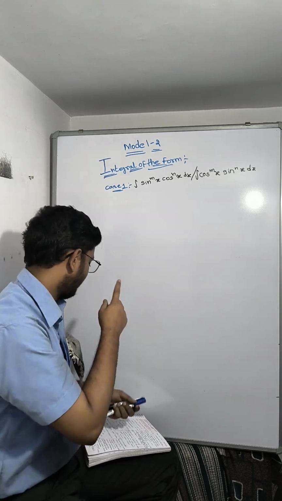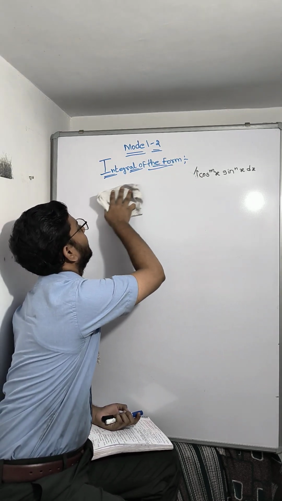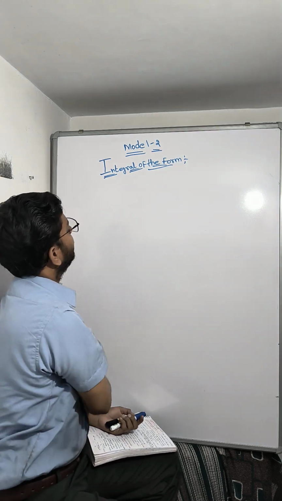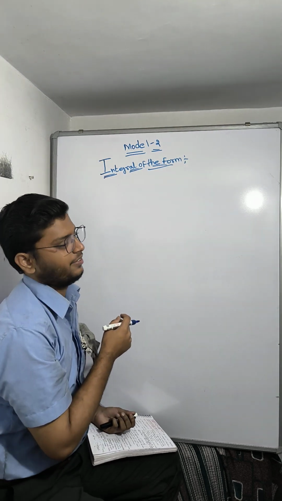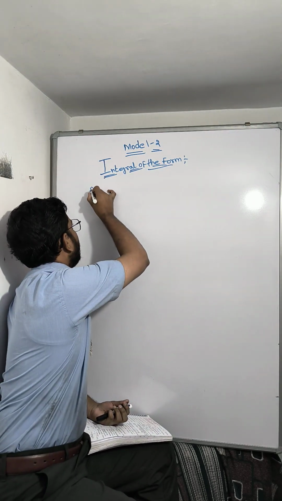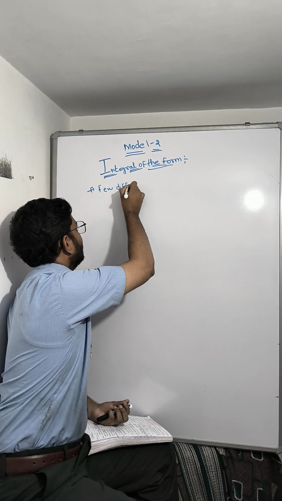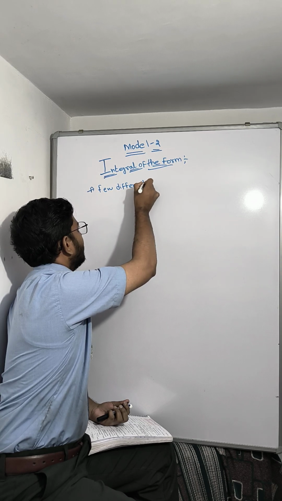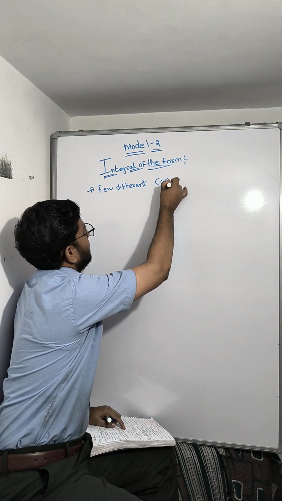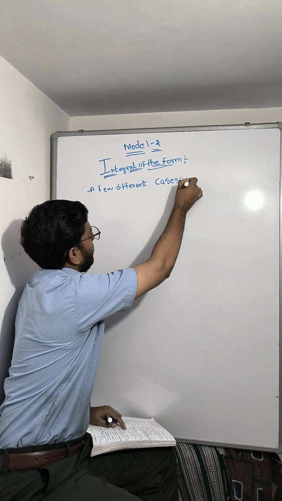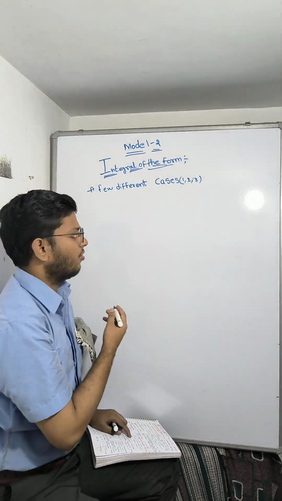I will write first of all that a few different cases are there in this model. What are the cases? 1, 2, 3 cases. Now only I wrote.